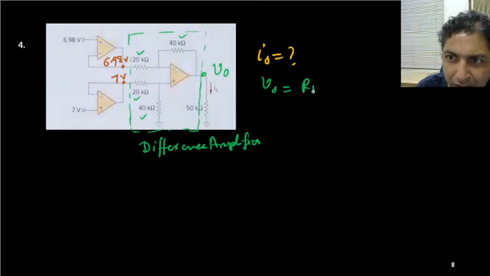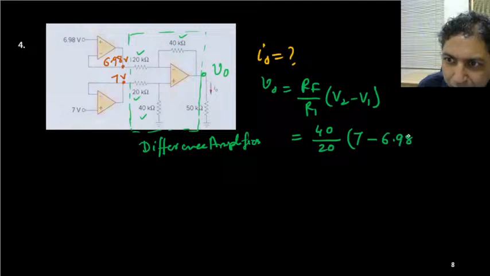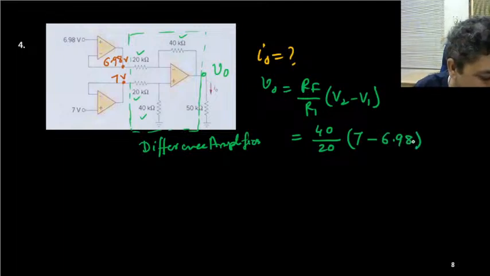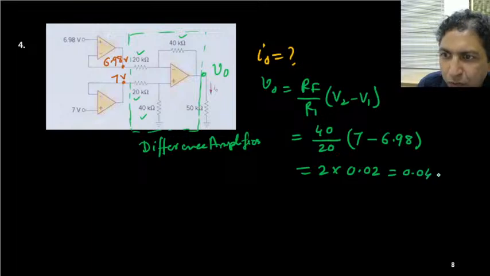So this is your RF by R1 times (V2 minus V1), where this is your V2, 7 volt. So in this case it is 40/20 times, this is 7 volt minus 6.98 volt. Okay. So this is 2 times of this one, and this is your 0.02. So it is 0.04 volt.